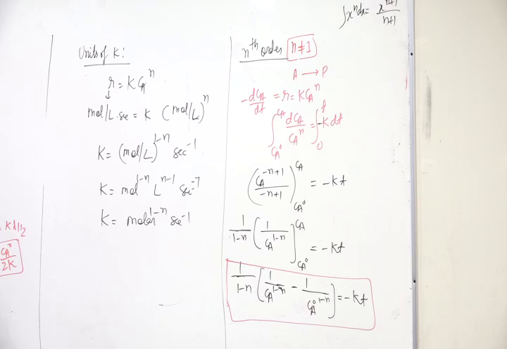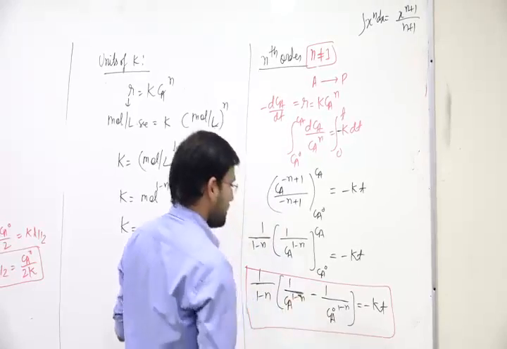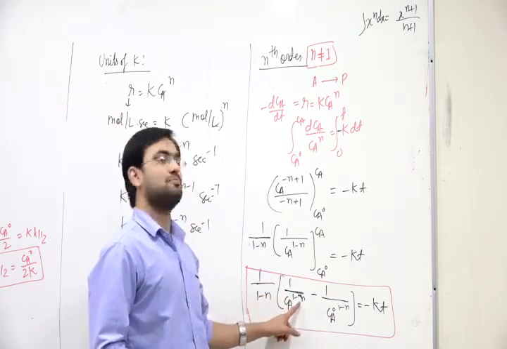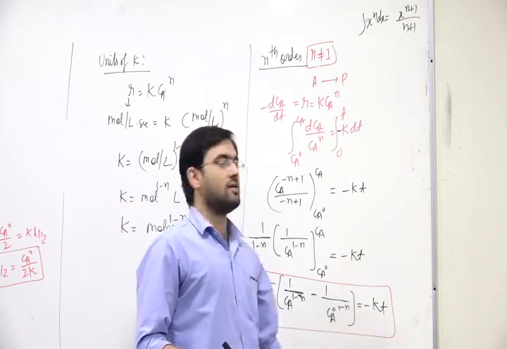This is the equation for nth order: 1 by 1 minus n bracket 1 by Ca power 1 minus n minus 1 by Ca naught power 1 minus n equals minus Kt.